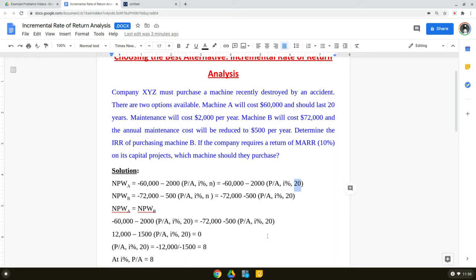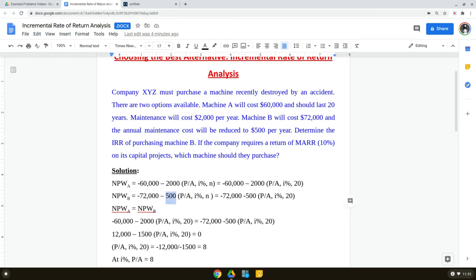Now, the same calculation for the second alternative: NPW, net present worth of machine B. Initially we are going to spend $72,000, which is already in present value form because it is an upfront cost, so we don't need to multiply that by anything. So minus $72,000 minus, we have annual maintenance cost, negative because it is a cost, $500.